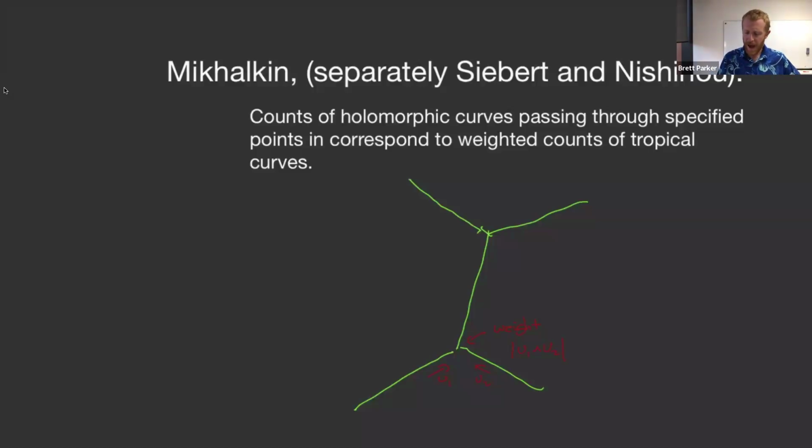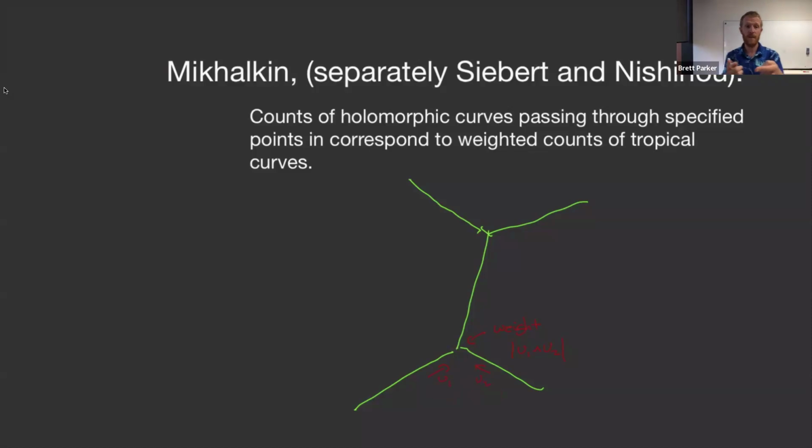And the count of the holomorphic curves is given by a weighted count of the tropical curves, where at each of the vertices, the weight is given by the size of the determinant of two incoming vectors.